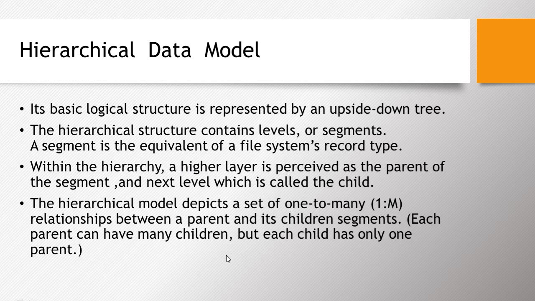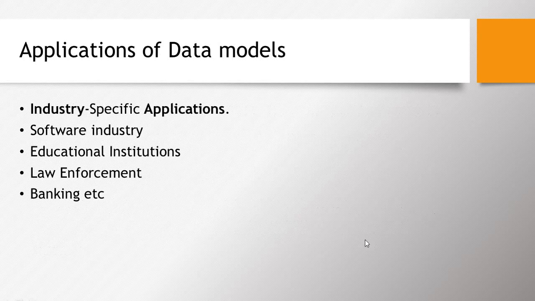In this hierarchical model, it depicts a set of one-to-many relationships between a parent and children segments. Each parent in hierarchical data model has many children, but each child has only one parent. That is the difference between the hierarchical data model and the network data model.